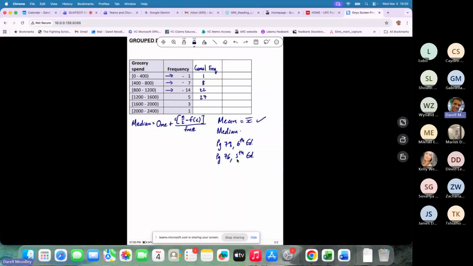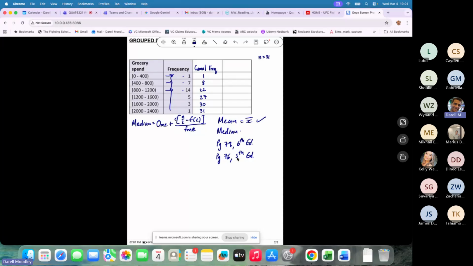Then we have 30, and then 31. If you add up your frequency column, you get the total number of customers. So the total number of customers is 31. That's our N. We have 31 customers.